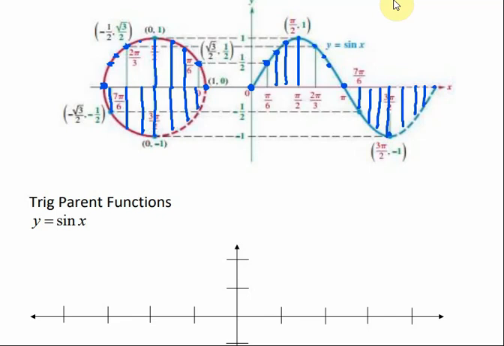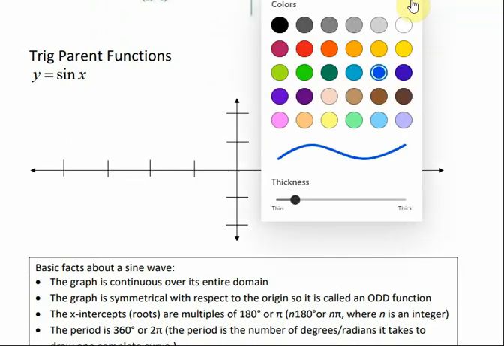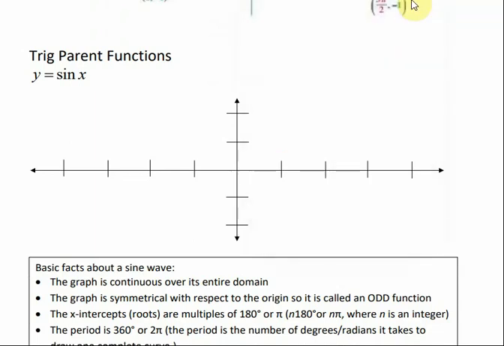So let's draw it out separately on this graph. Our y-axis is going to be our radius. So if I say that this is 1/2, and this is +1, -1/2, -1.